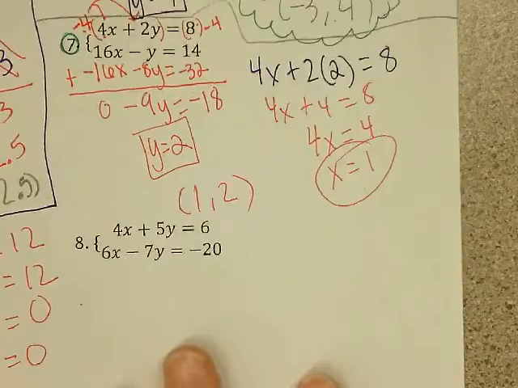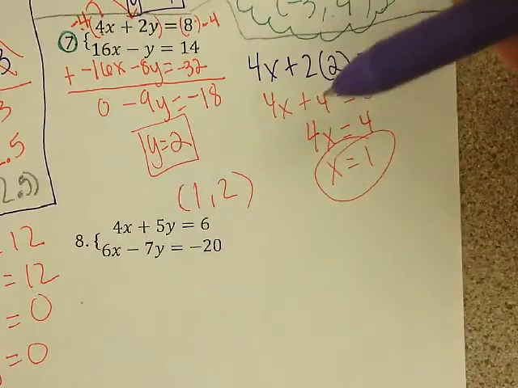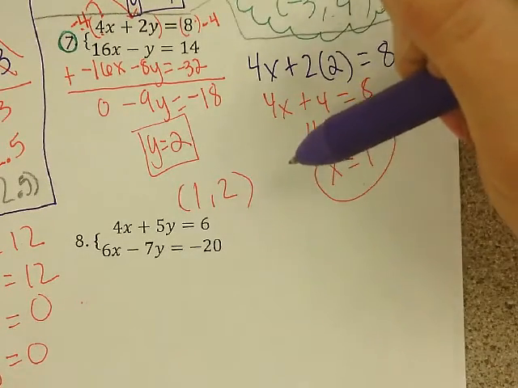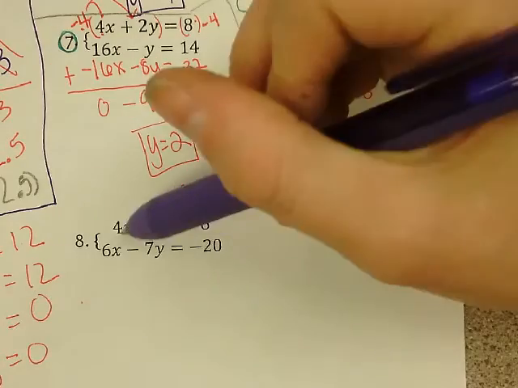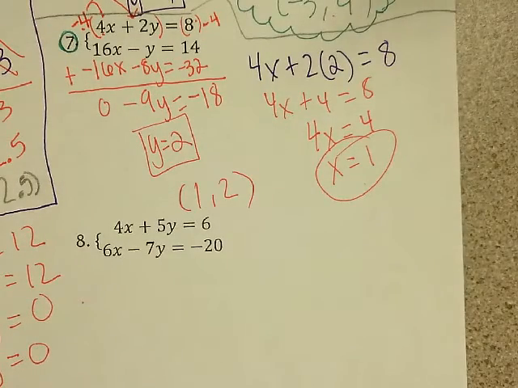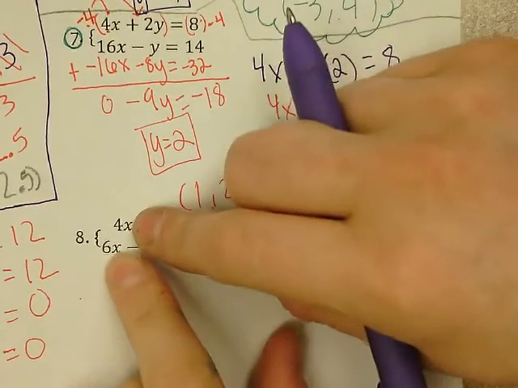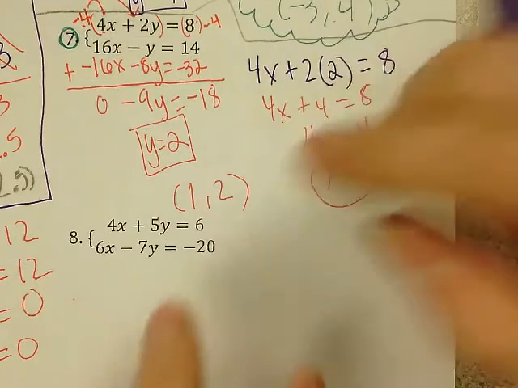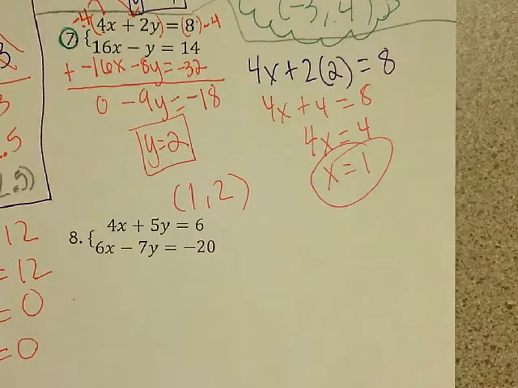Okay, so this last one, I'm going to have to multiply both equations. So I would just pick whatever one you want to eliminate. So x or y? Okay, so you can do the least common multiple, which just means, if you look at your multiples, 4 and 6, right? 4 times 1 is 4.